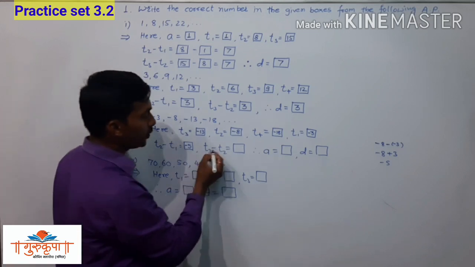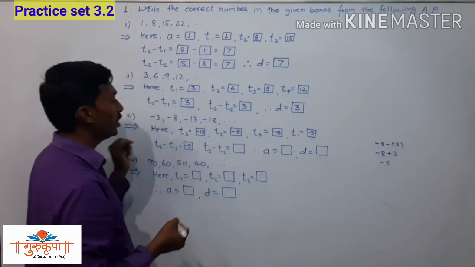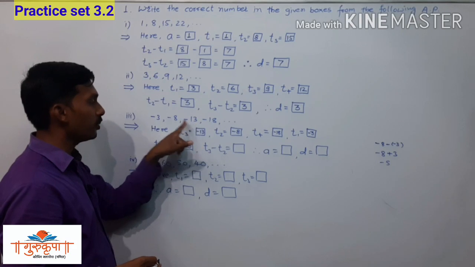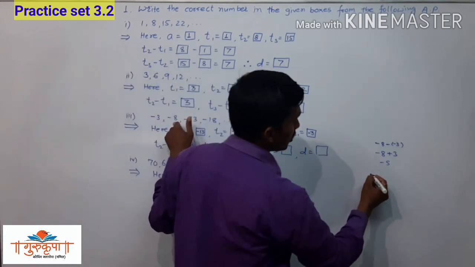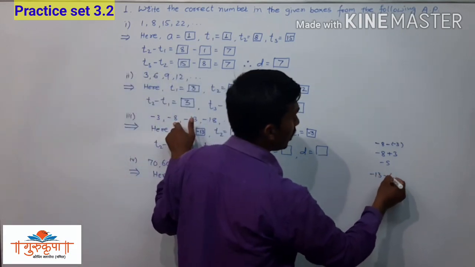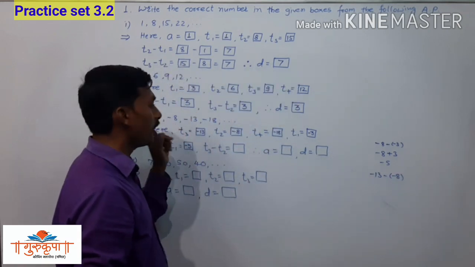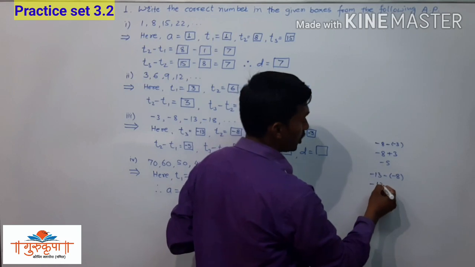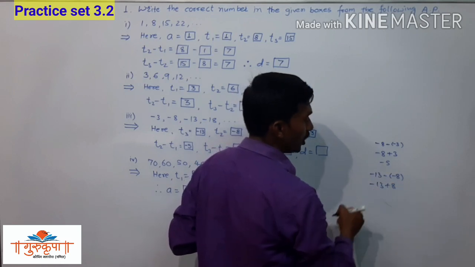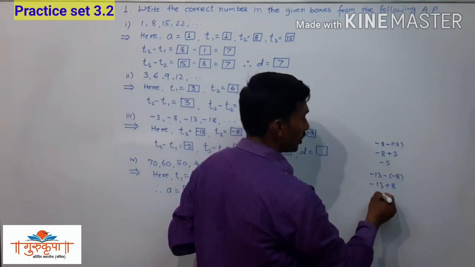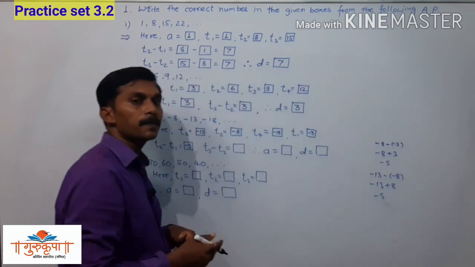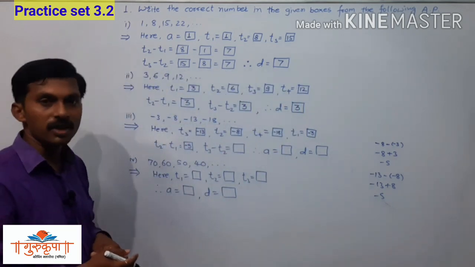Then we find the difference between T3 and T2. Here T3 is minus 13 minus T2, which is minus 8. Minus 13 remains as it is, and minus into minus is plus 8. This is minus 13 plus 8, which is minus 5.